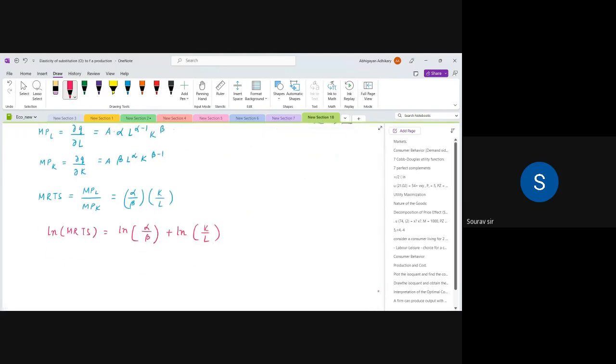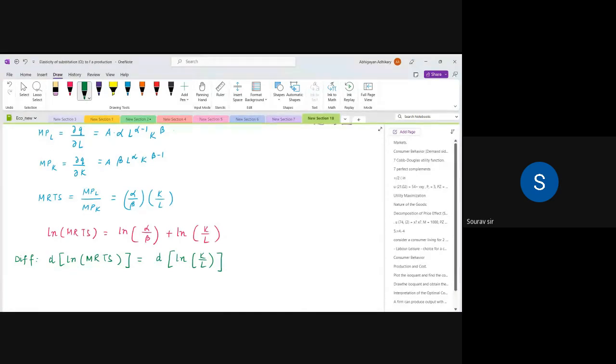And then you differentiate. Alpha and beta are both parameters, so their derivative is 0, and d of log MRTS equals d of log K by L. Is this step understood? Any questions?